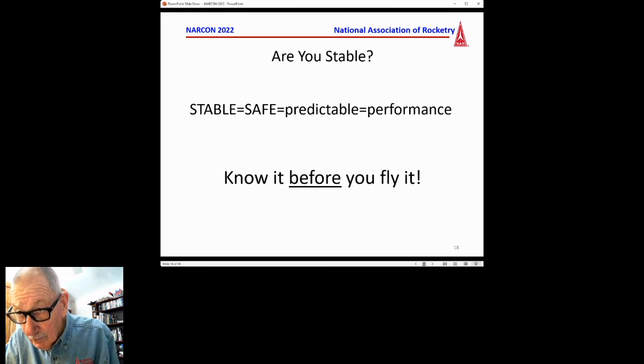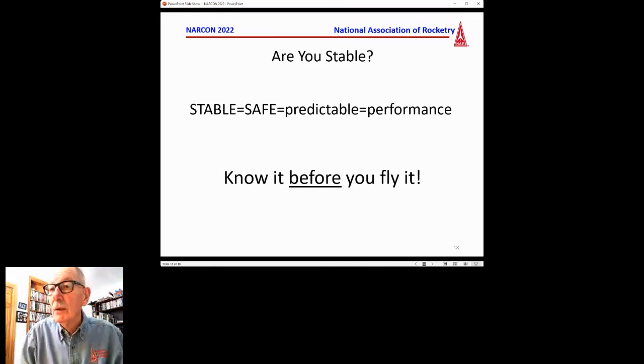From Robert Willen, we're building in a small amount of spin. No, it doesn't make it more stable necessarily, and you can't rely on it to that extent. A small amount of spin, what it does is if there are misalignments in the rocket, either in the thrust or in parts of the body, it tends to even those out by spinning the rocket slightly.